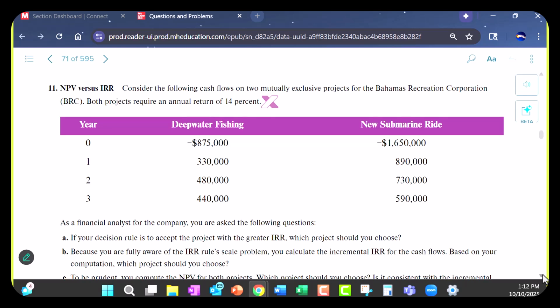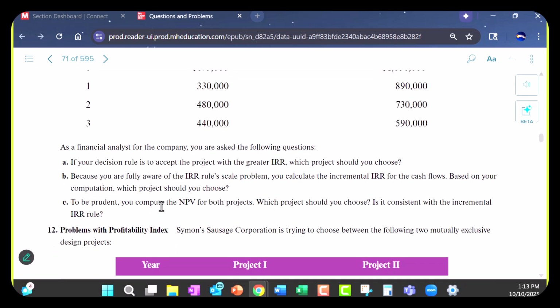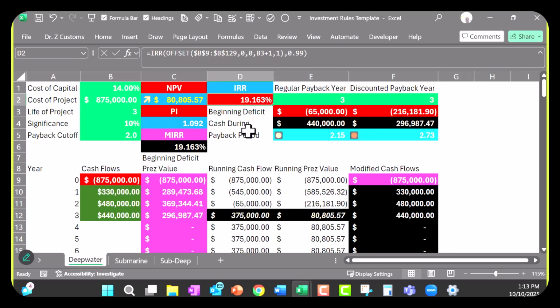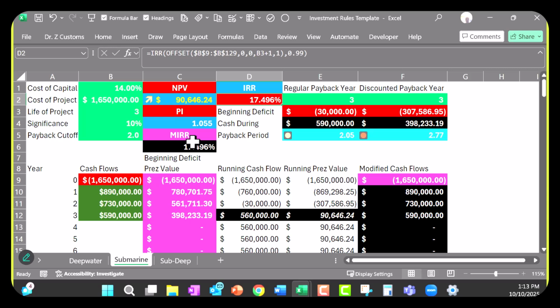Part C. To be prudent, you compute the NPV for both projects. Which project should you choose? Is it consistent with the incremental IRR rule? Now let's look. Deepwater has an NPV of almost 81,000.